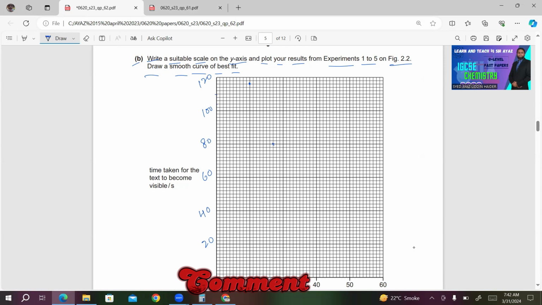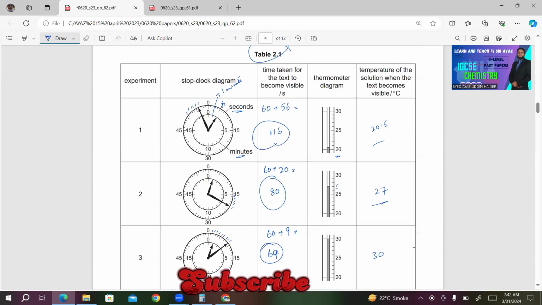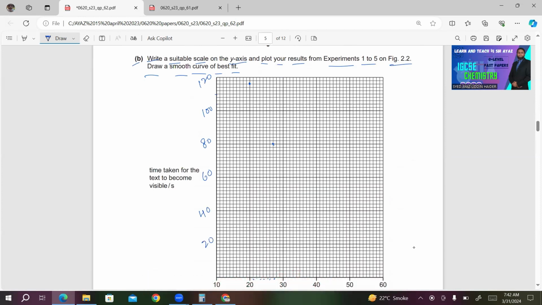This spot must be here. Third one, 69 for 30 degrees centigrade. 69. So it must be 1, 2, 3, 4, 5. So here is 69. So there will be the third dot.